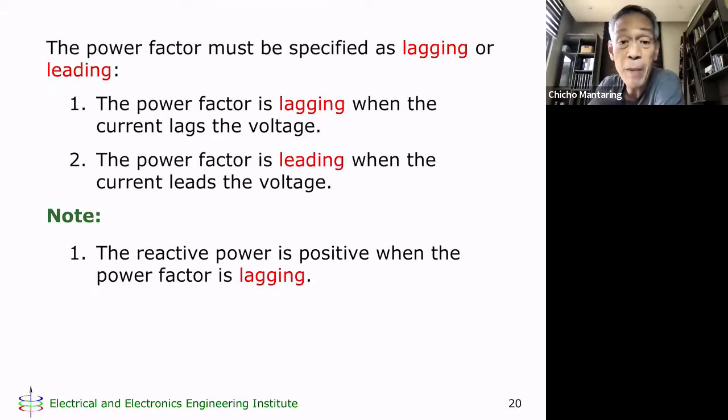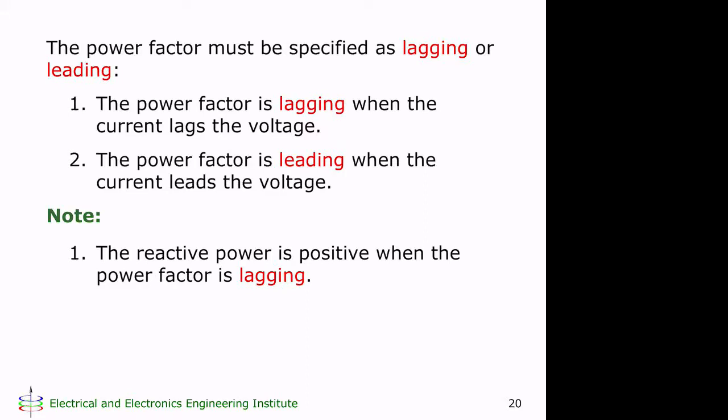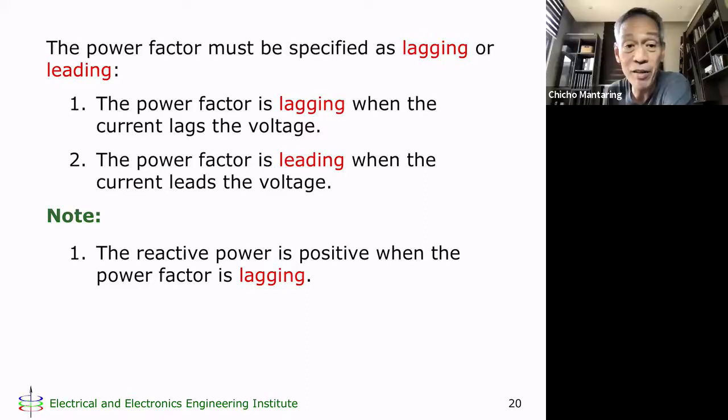When does current lag voltage? That is when the reactive power is positive. When is the reactive power positive? What do you call the type of circuit? Can somebody tell me? Inductive. Yeah, when the circuit is inductive, your reactive power is positive and your power factor is lagging.